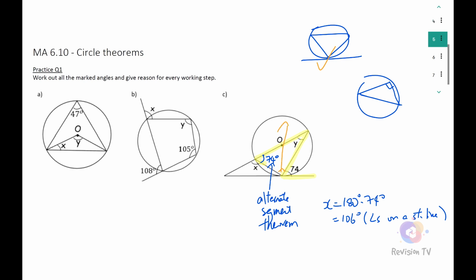That's a right angle because angle in a semicircle is 90 degrees. So therefore, for y, we know angles in a triangle add up to 180. So y equals 180 degrees minus 90 minus 74, which is 16 degrees. But you do have to say because angles in a triangle.